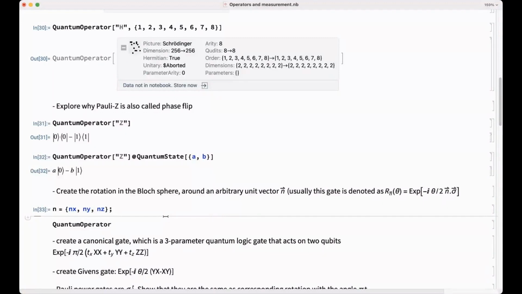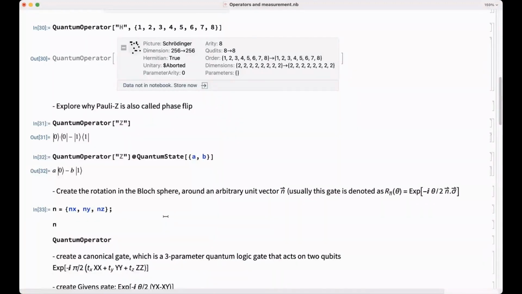If I knew nothing about how things work, I would do something like a table of Pauli matrices, or maybe even at least a quantum operator. I knew these are my Pauli things.